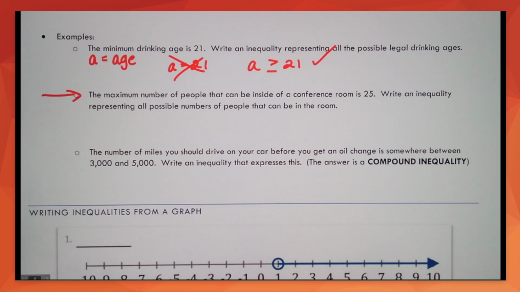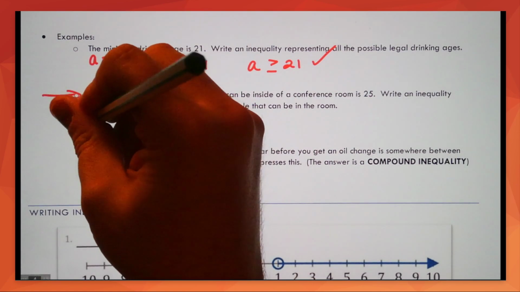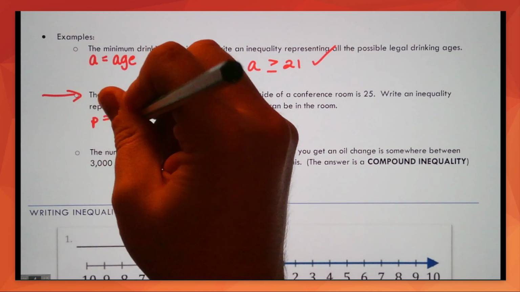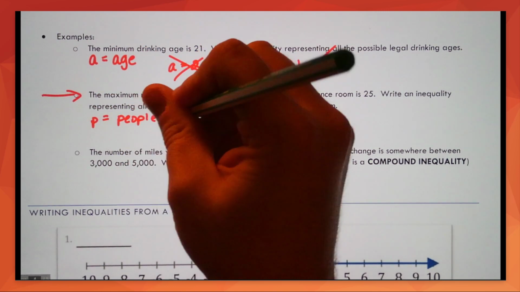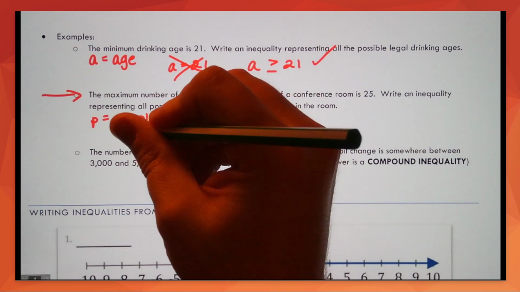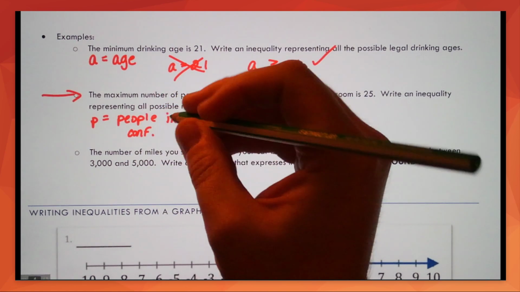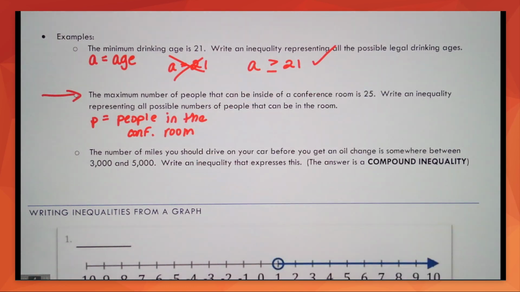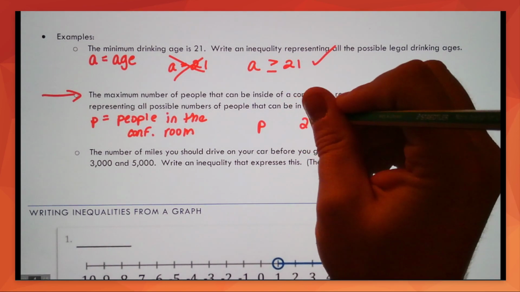Okay, so let's go ahead and do this. Let's use P to stand for people in the conference room. I'm going to abbreviate that. So P is the people in the conference room. And so P has to be something 25.